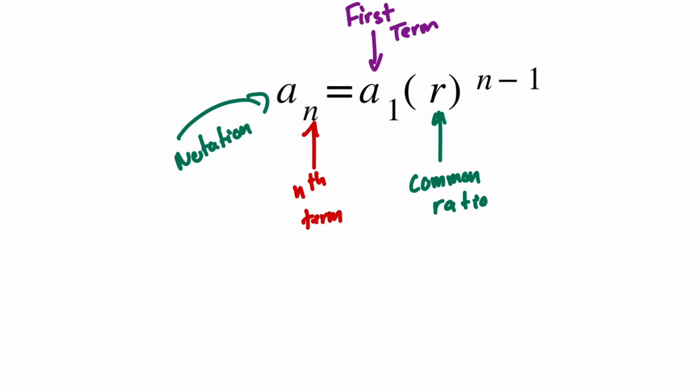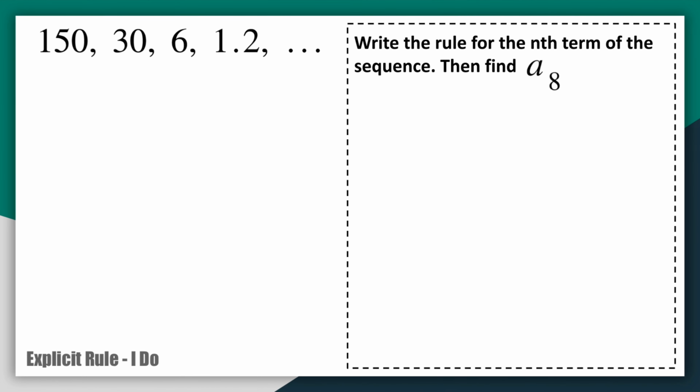All right, let's do a couple, okay? So the first thing you always want to do is identify what type of sequence it is. Here we see we went from 150 to 30, from 30 to 6, from 6 to 1.2. Now, here's a trick to figure this out. If you go, gosh, what did I multiply to go from 150 to 30?